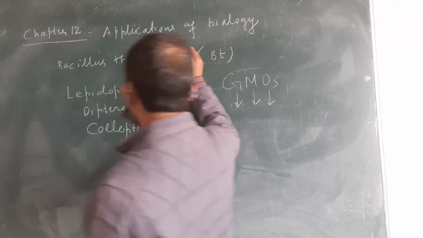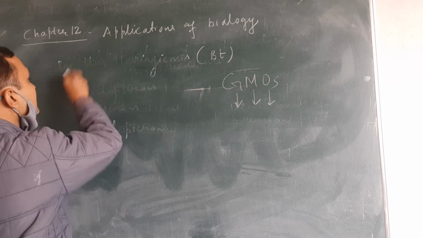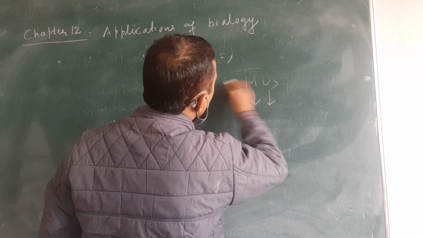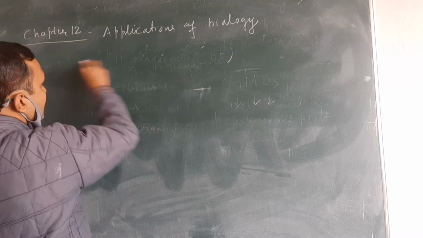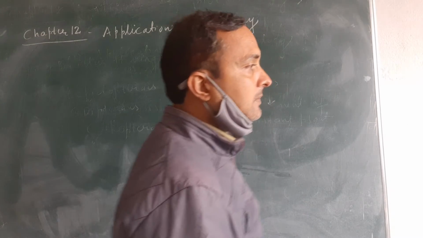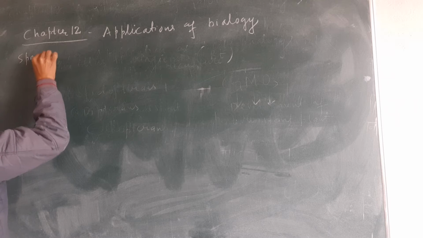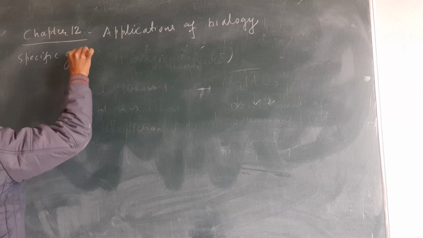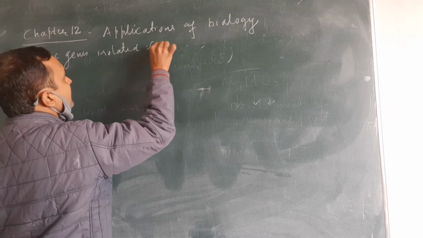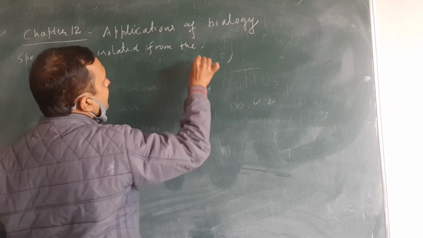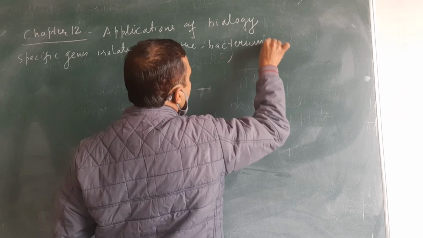So how can we produce Bt cotton? These are the certain steps. First of all, a specific gene is isolated from the bacterium, Bacillus thuringiensis.